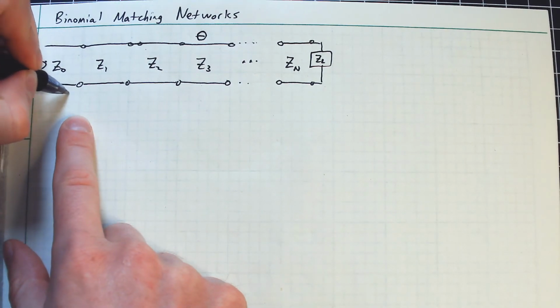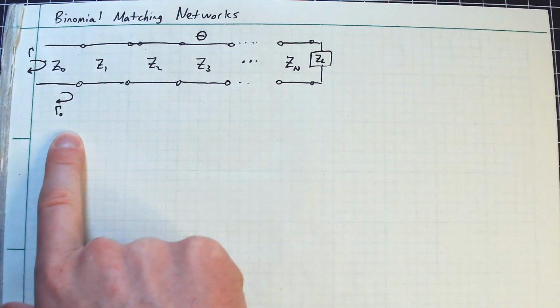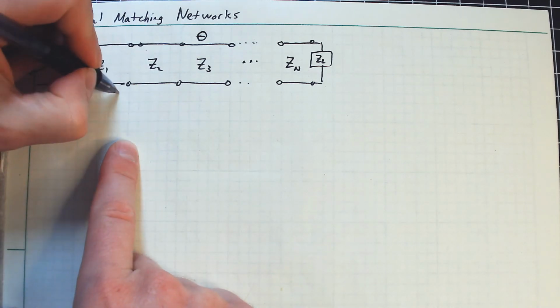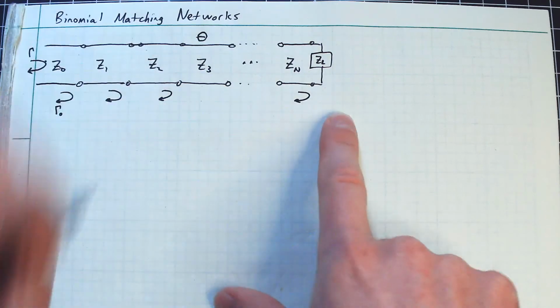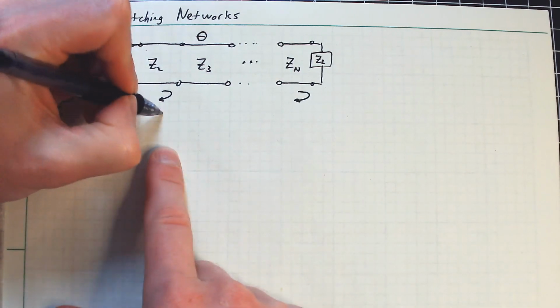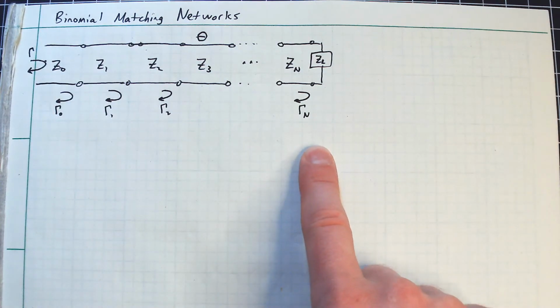And then at each one of these little discontinuities, there was a reflection coefficient, which we called the partial reflection coefficient. So there's one here, there's another one here, and so on, all the way out to the end. So that would be gamma 1, gamma 2, gamma 3, and then eventually you reach this gamma n.